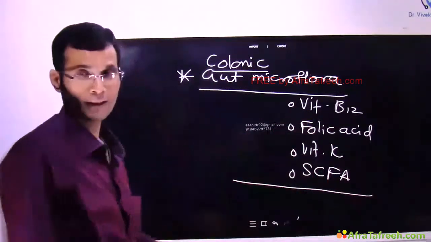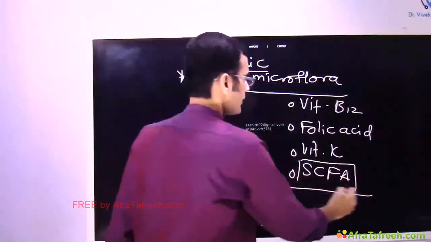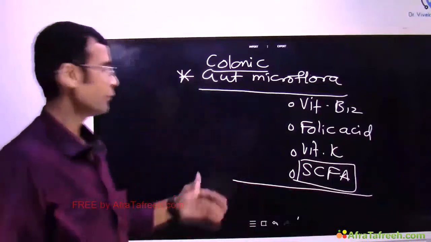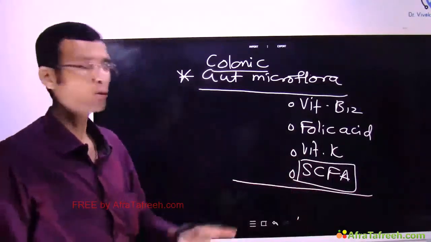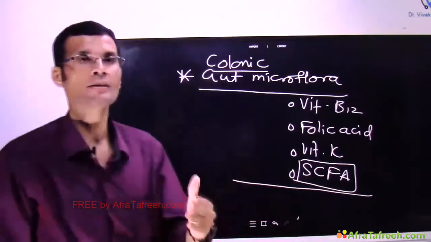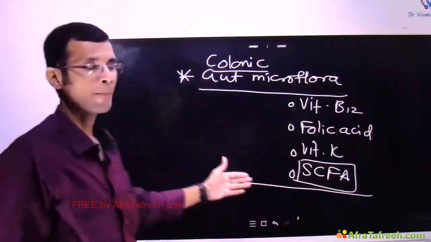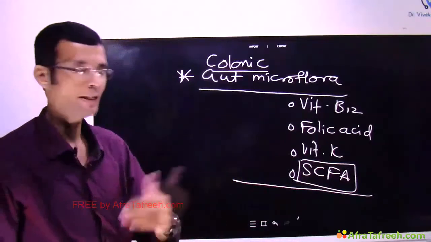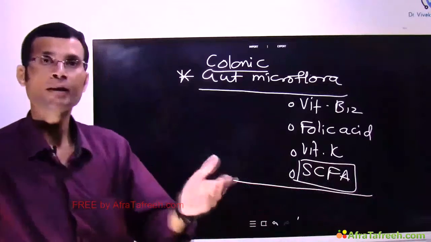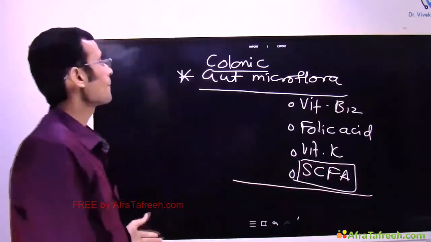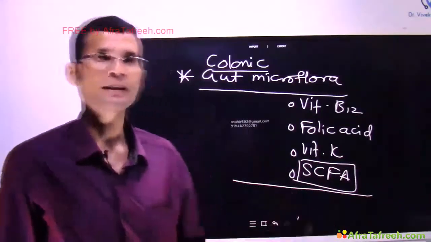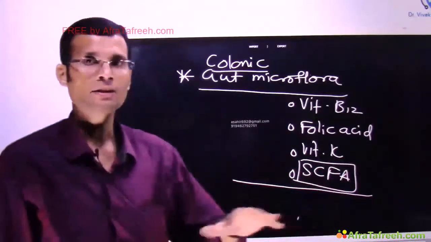So, for example, short chain fatty acids: our undigested carbohydrates, when they reach the colon, the colonic microflora will retrieve them and in a sense salvage the energy from them, and form short chain fatty acids from the undigested carbohydrates. So these are some of the aspects of the digestive tract and digestion and absorption and the related issues.